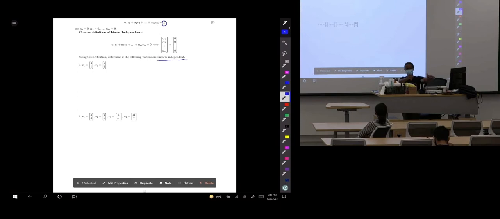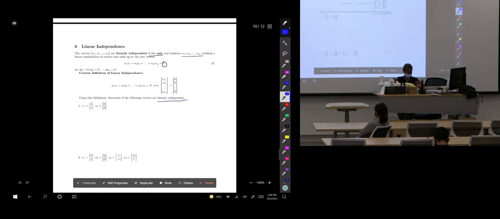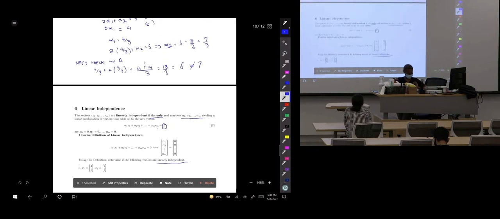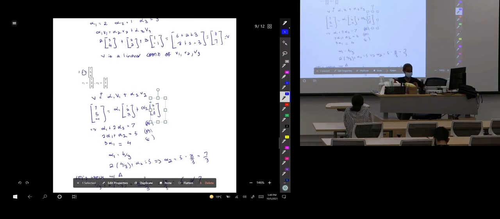I want an answer from this side of the room, or at least an attempt. Given the definition here, if I want to figure out if V1 and V2 are linearly independent, what's the first step I should take? Any takers? I'll give you a hint. It's similar to what we were doing before in the previous page.